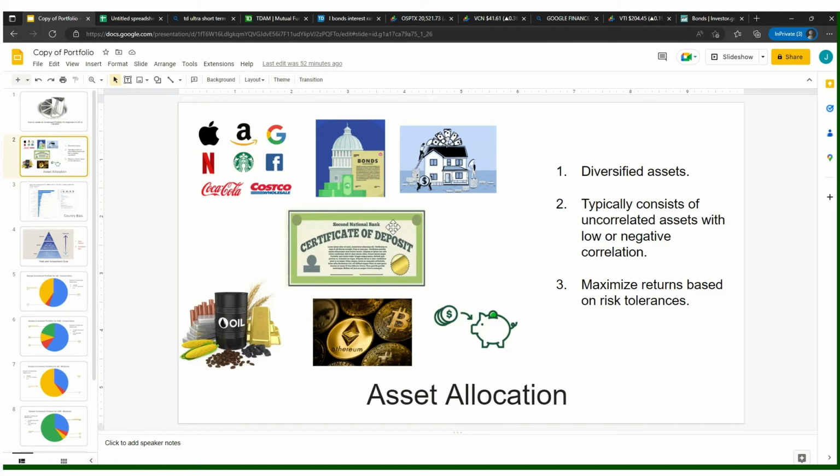This video is not about what these specific investment vehicles are, but just to give you an understanding, that's a certificate of deposit, right? You can also invest your money in commodities like gold or oil or silver, or corn, soybean, anything, right? Or you can put some money into crypto assets.